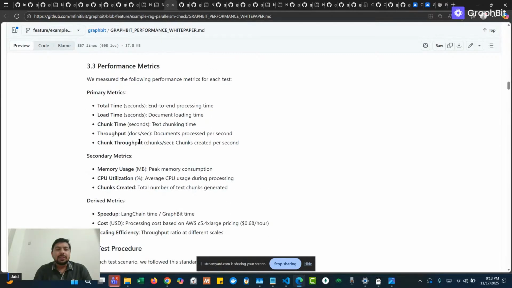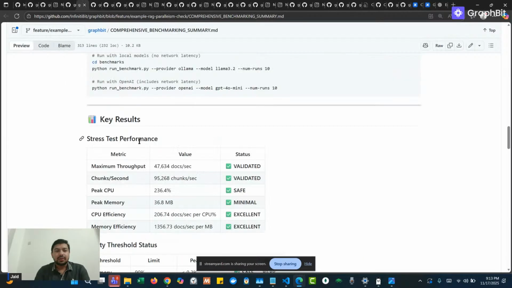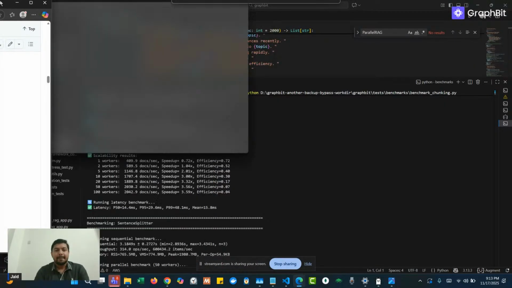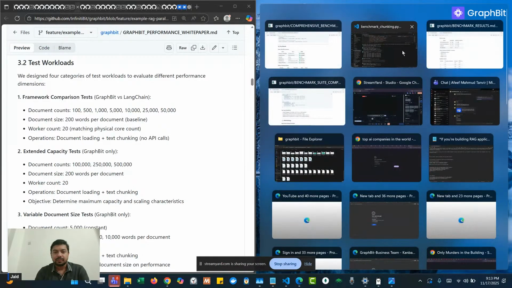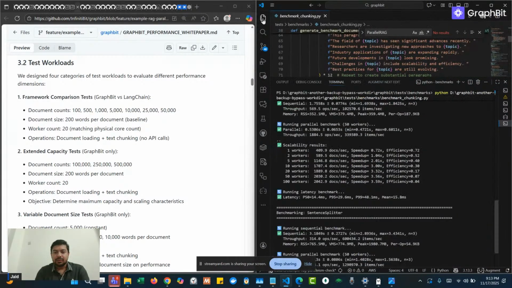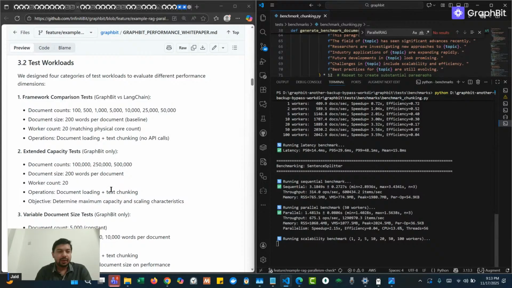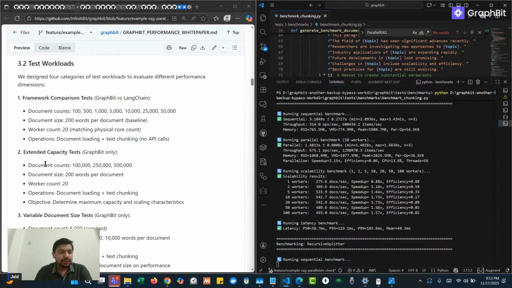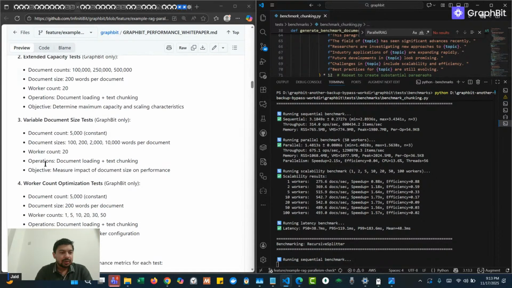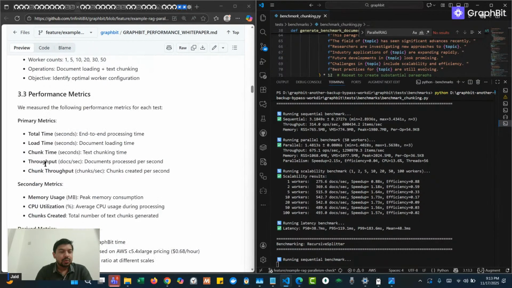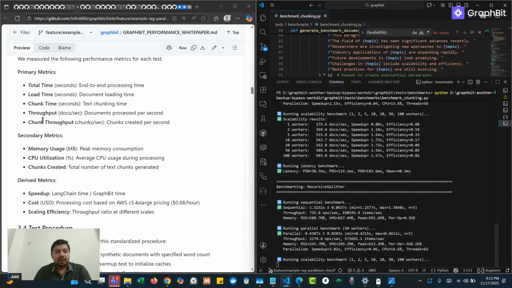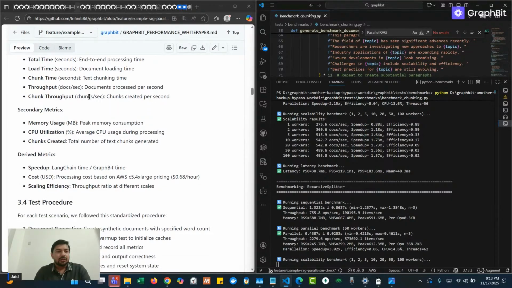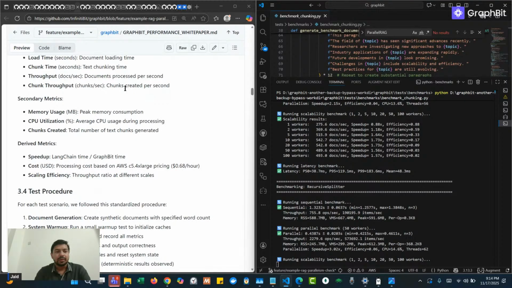For the performance metrics, let's go side by side. Let the benchmark run, and we can go through what is covered in the stress test. Other capabilities covered here are the total end-to-end process time, excluding network latency, and also the document loading times, the text chunking times, and throughput in documents processed per second.